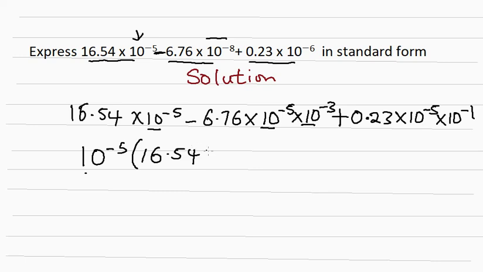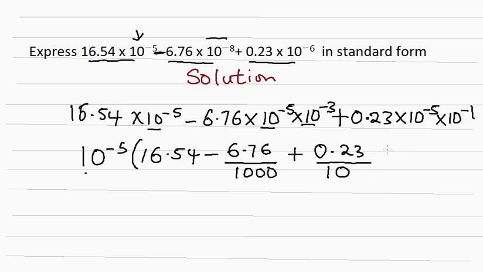So this is going to be minus 6.76 divided by 1,000. Then plus 0.23 divided by 10. That's what it means. The common factor is already outside, so I close the bracket.